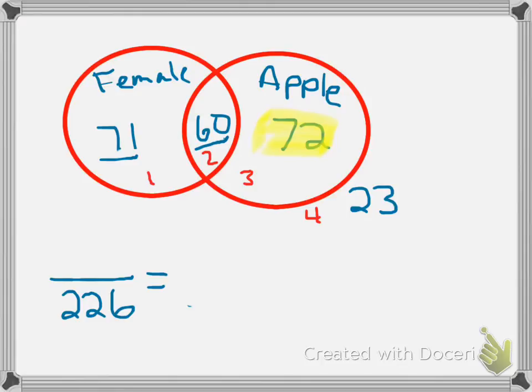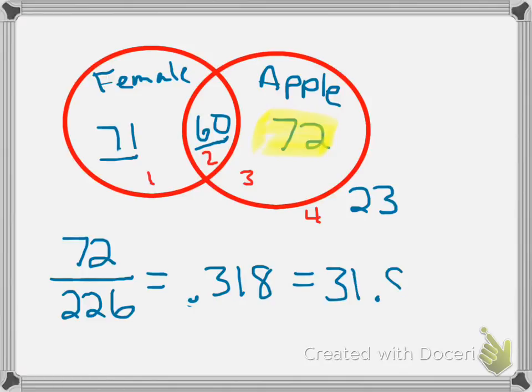The denominator is still 226. Let's put 72 on top of that and do a little bit of division. When you divide that out, you get 0.318 if you truncate the number at 3 decimals. So you could say that about 31.8% of our survey participants are male and also own an Apple product.